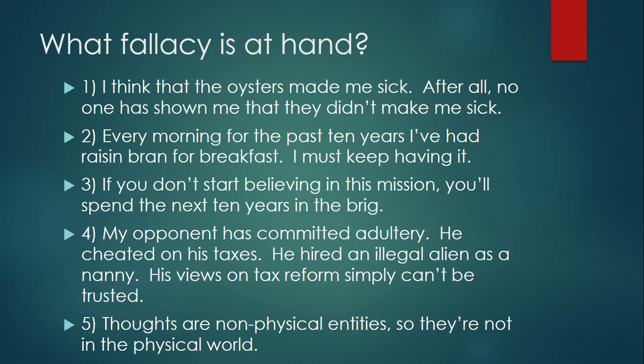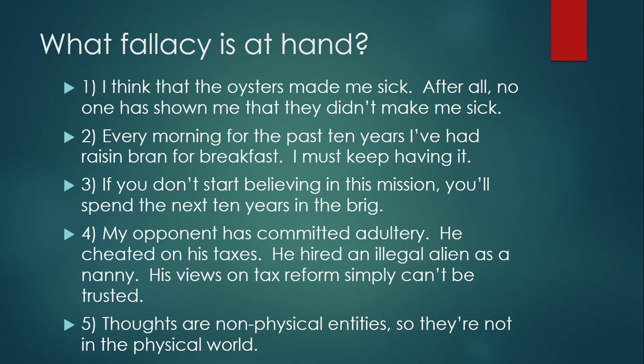There's an attack on this person's character, and the conclusion attempted to be drawn from that is that we shouldn't listen to this person's tax reform policy. Notice there's nothing in the premises that actually looks into the details of the tax reform policy and criticizes it as being wrong. So you would not be warranted in drawing the conclusion that the tax reform policy simply cannot be trusted.